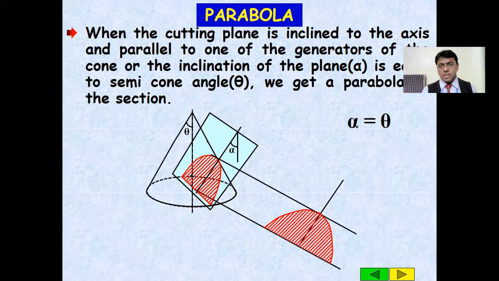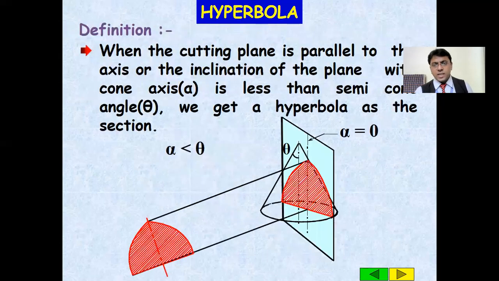If this angle is the same, the outcome is a parabola as the obtained curve. So this is the power of engineering curves for building any engineering material, any building structure, any machine component structure, and any functional, aesthetic, or ergonomic requirement of the product.